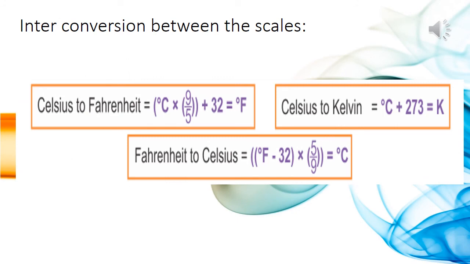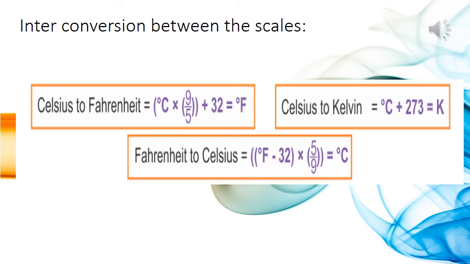Students, this is the interconversion between the scales. So using these formulas you can obtain the values on different scales. We have an expression with which you can convert the Fahrenheit scale into the Celsius scale, another expression where you can convert the Celsius scale into the Fahrenheit scale, and a third expression where you can convert the Celsius scale to the Kelvin scale.